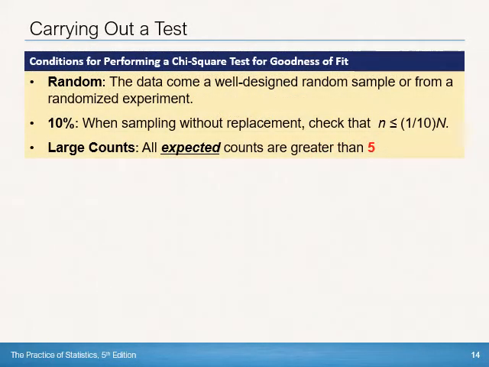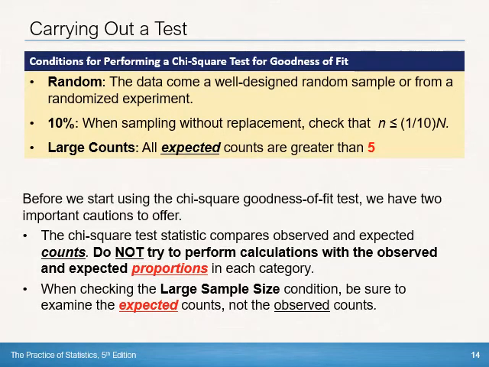All right, so some conditions we need to check before we do a chi-squared test for goodness of fit: the data has to be randomly selected or from a randomized experiment. Assuming we're doing a random sample and not an experiment, then we need to check our 10% condition, just like we would before. We cannot sample more than 10% of the population. And the large count condition here is looking at the expected counts, not the observed counts.